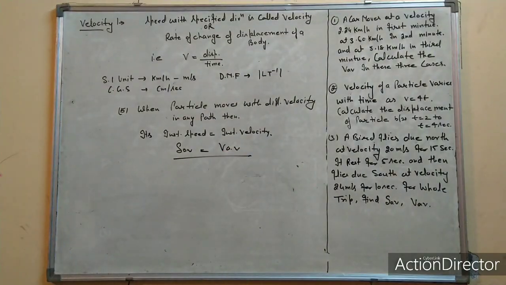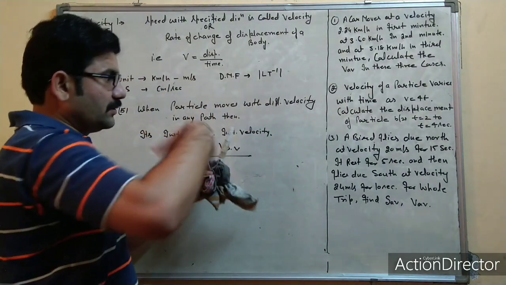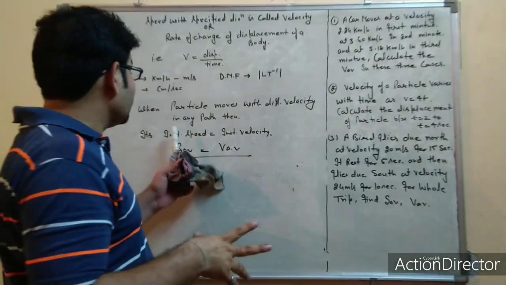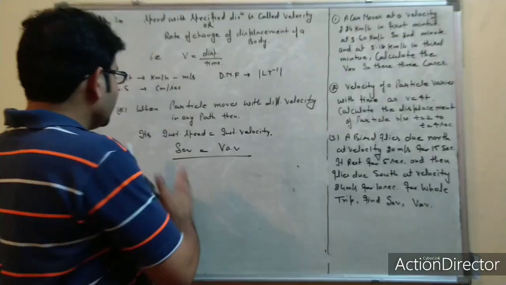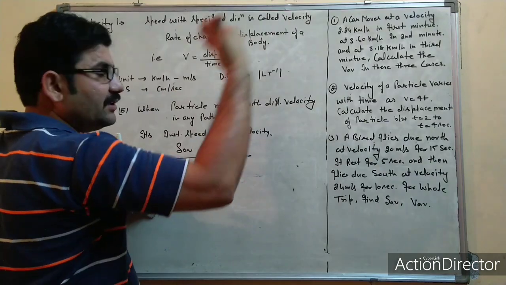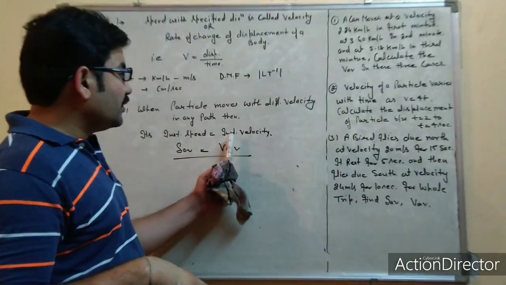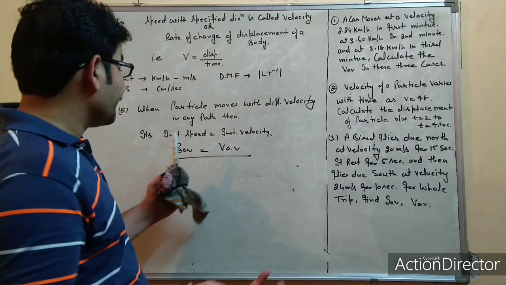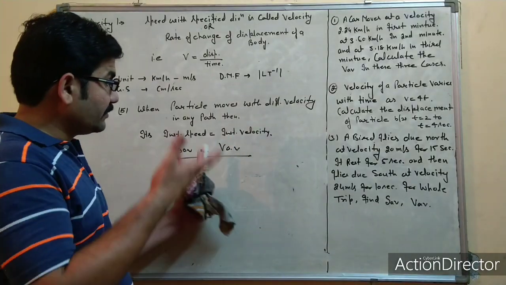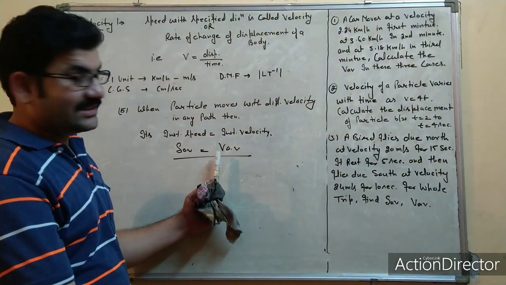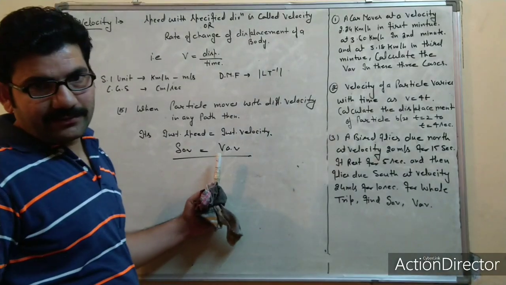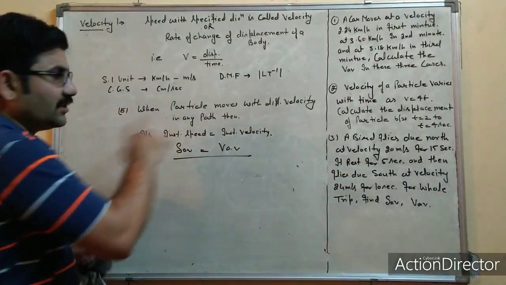Means a particle moves with different velocity in any path, then instantaneous speed has the same magnitude as instantaneous velocity, and average speed will also have the same magnitude as the average velocity. So this is another key point.